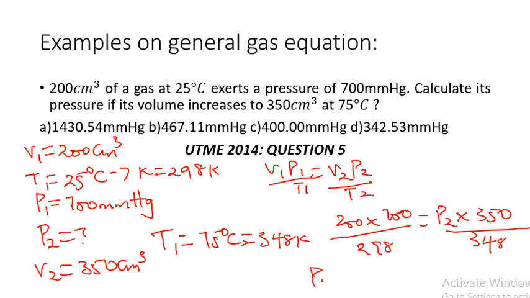If you simplify all that, your P2 is 467.11 millimeter mercury. That makes option B the right answer.